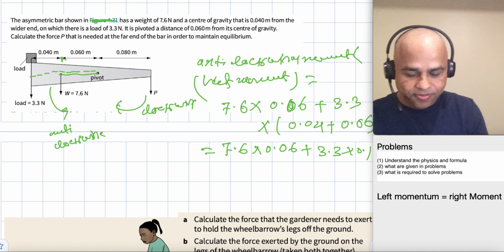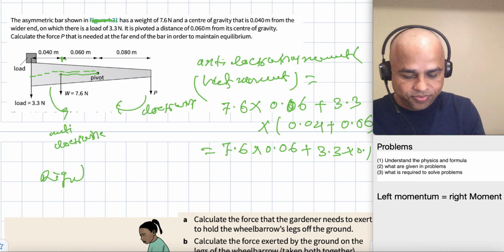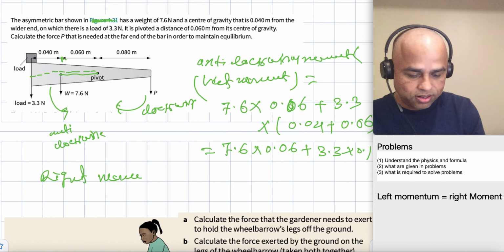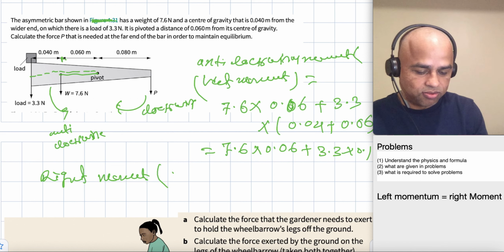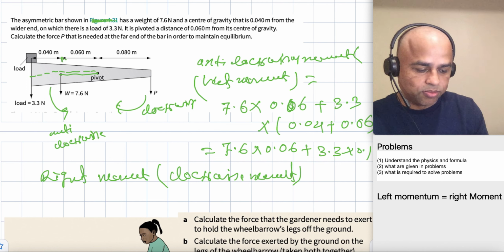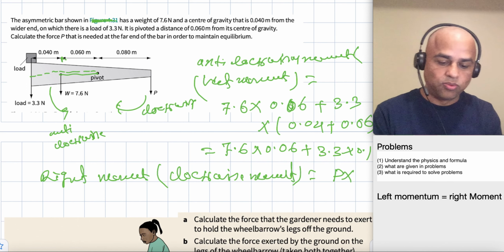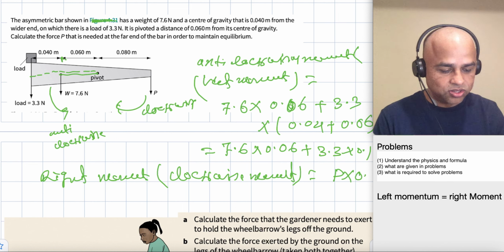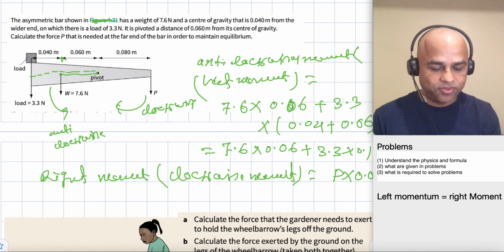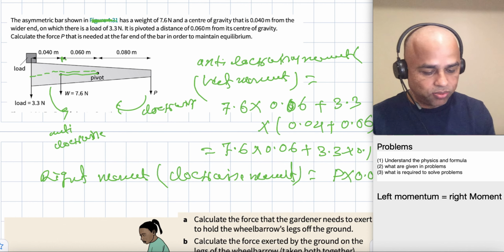What is right? Right moment, or you can say clockwise moment. Clockwise moment is equal to P into, we have to calculate that, 0.08. So in this case, both are equal.